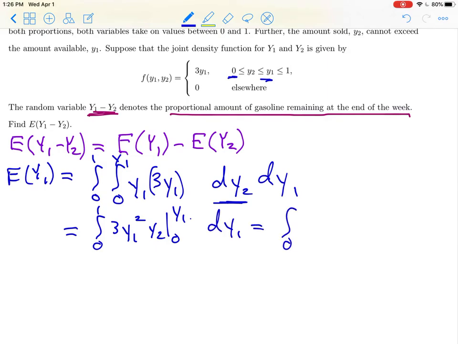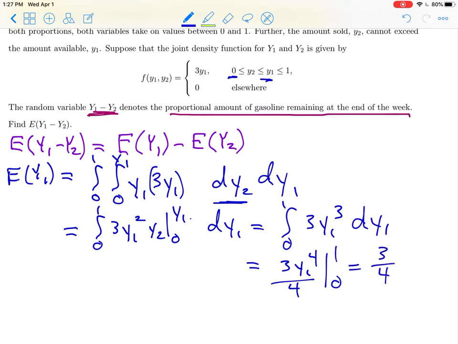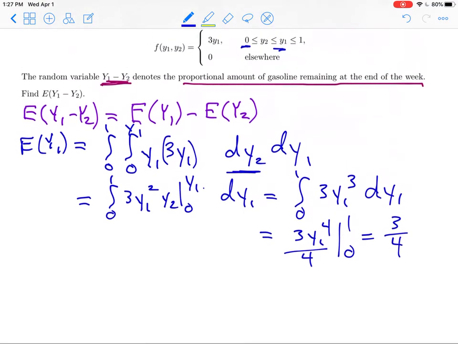So this is an integral from 0 to 1 of 3Y1 cubed. When we integrate this now with respect to Y1, we add 1 to our power, divide by the new power. We're evaluating this from 0 to 1. So we get 3/4 is our expected value for Y1.